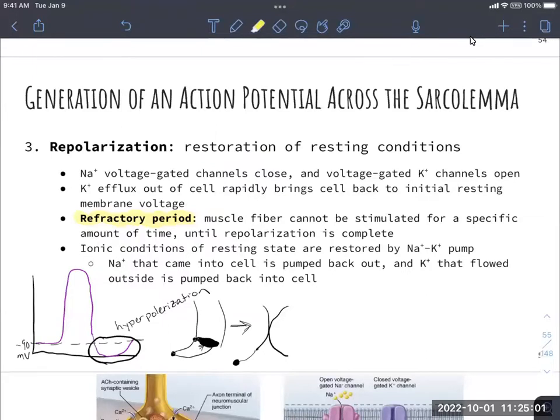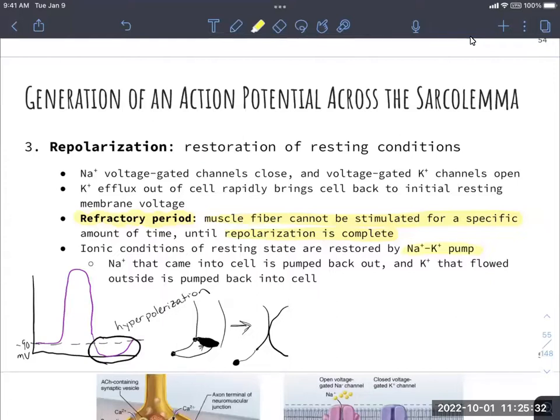And during that time, I said a muscle fiber cannot be stimulated again until that repolarization is complete. So we go from hyperpolarization back to our resting membrane potential. We need to restore that sodium potassium using those sodium potassium pumps. We need to get that sodium that came in the cell back out and the potassium that went out back in.